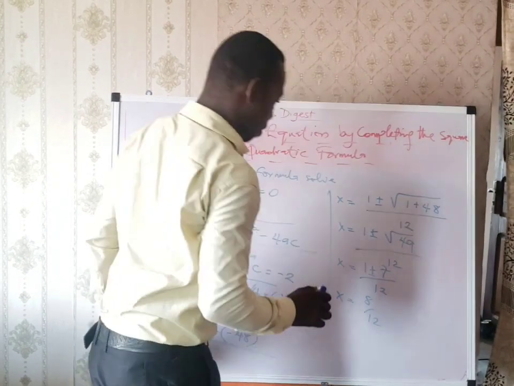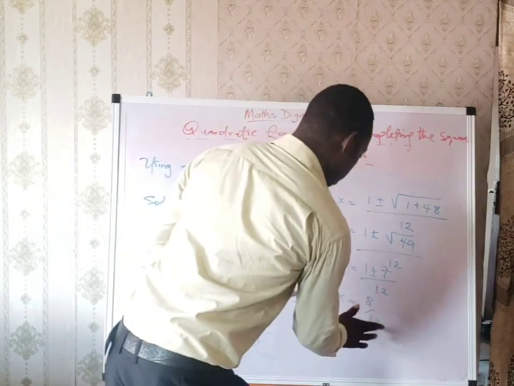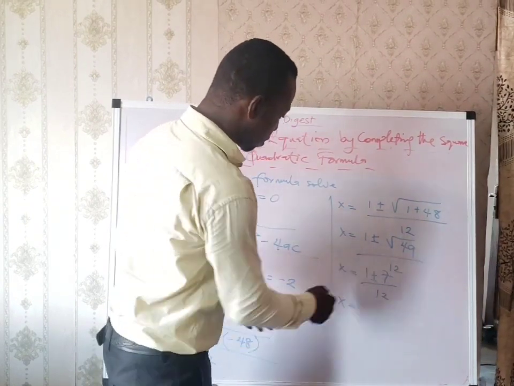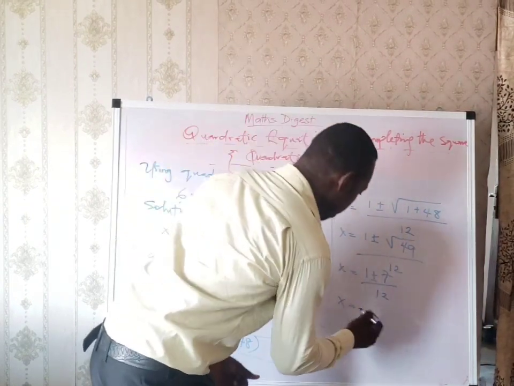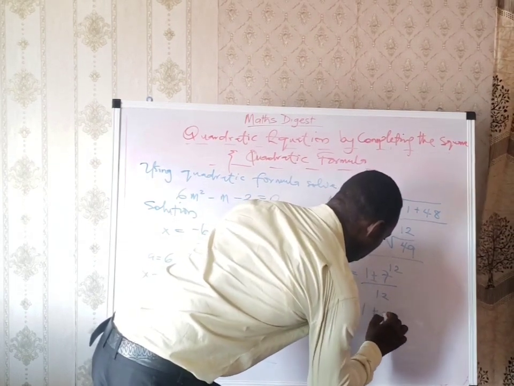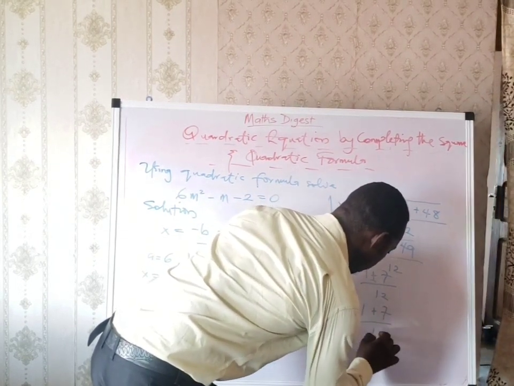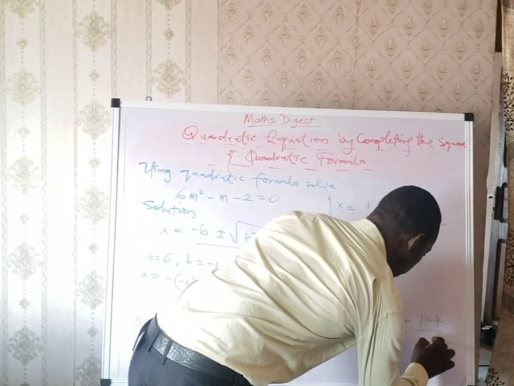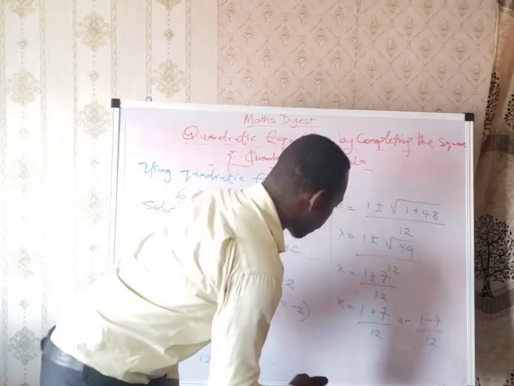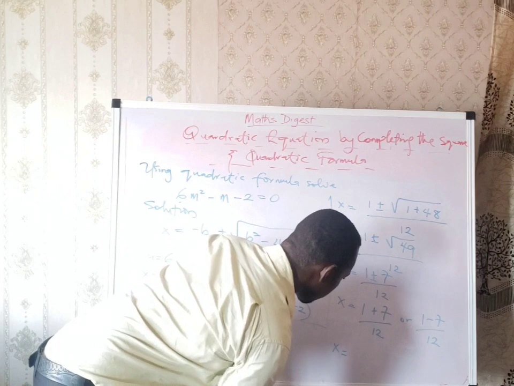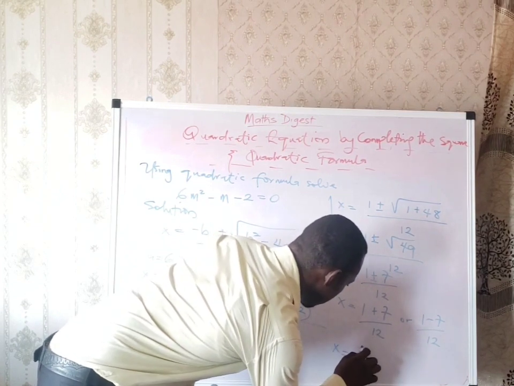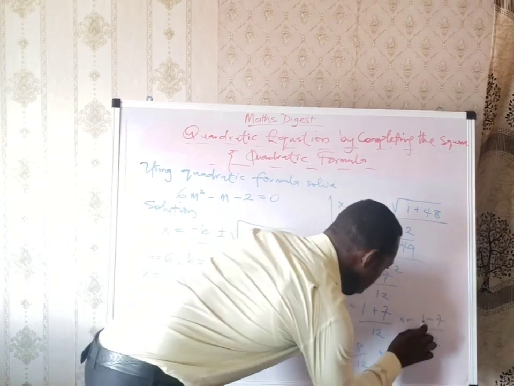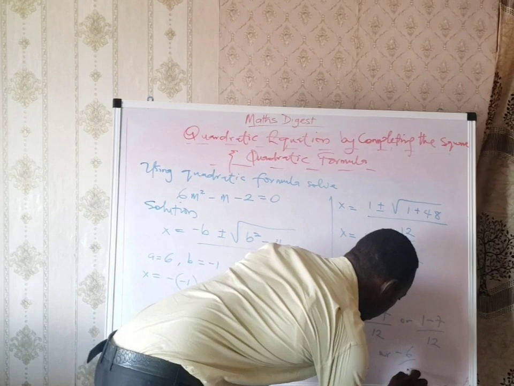Remember, sorry, I didn't represent the sign, plus or minus. So here we have x is equal to 1 plus 7 over 12, or 1 minus 7 over 12. Now from here we say x is equal to this plus this is 8 over 12, or this minus this is minus 6 over 12.